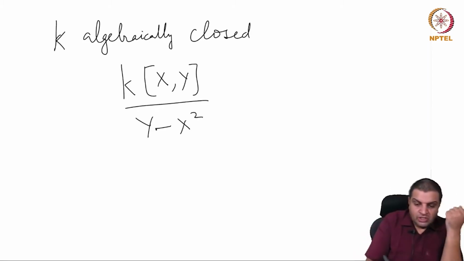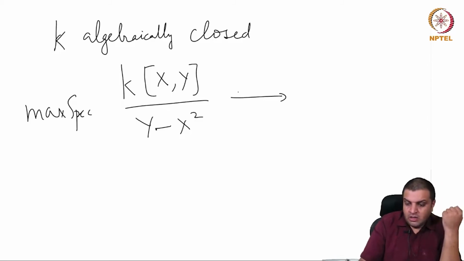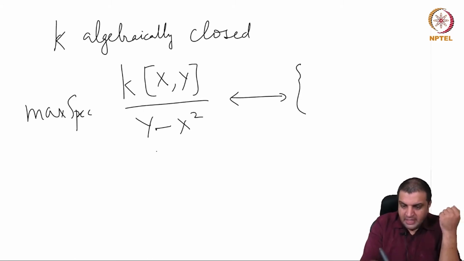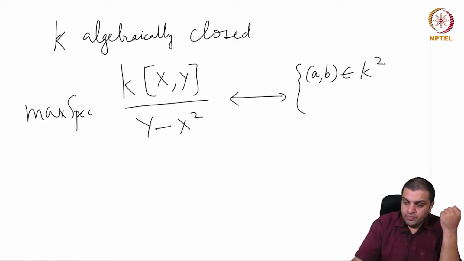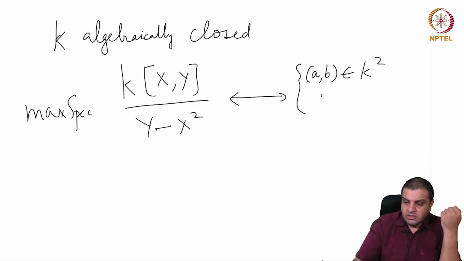What is the MaxSpec of this? Under the Nullstellensatz, this is all the points in K^2 at which this ideal vanishes, and that just means such that b equals a squared.